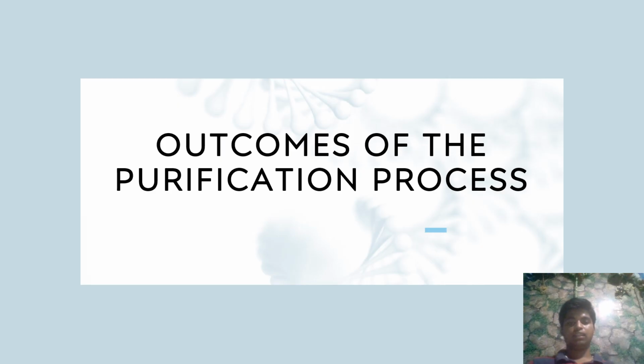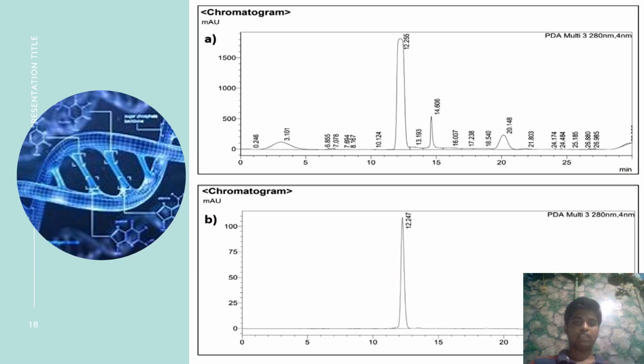So finally, we'll discuss the outcomes we have received from the purification process. Here are two graphs, in which graph A represents the chromatogram showing different peaks at different times, wherein the x-axis represents the time it takes for the substance to travel through the chromatograph and reach the detector, while the y-axis represents the intensity of the signal detected, measured in milli-absorbance units. A higher peak means more of the substance is present.